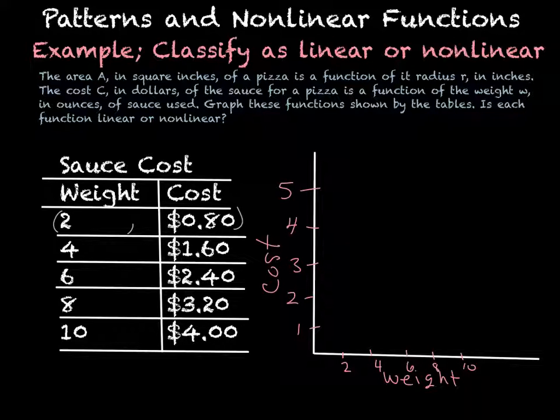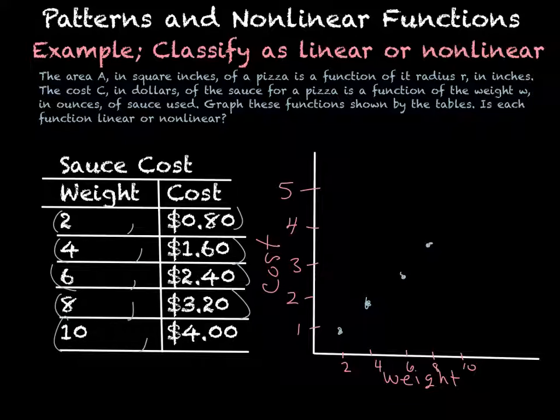2, 0.8, so 2 and a little under 1. And then 4, 1.6. It's about right there. And then 6, 2.4. About right there. 8, 3.2.